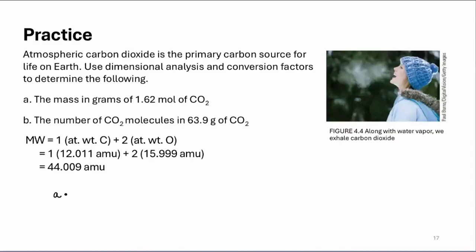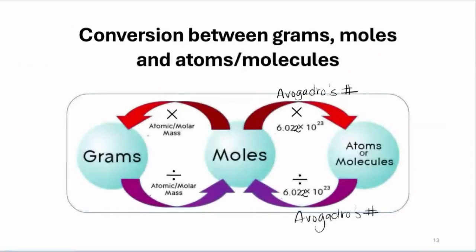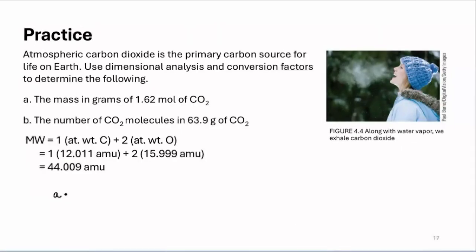If I go back to slide 13, I see that if I'm given moles and I need to get to grams, I'm going to multiply by the atomic, in other words, the molar mass. Remember that it is called molar mass because those grams equal 1 mole. So when I go back to my problem, I am given 1.62 moles of CO2.